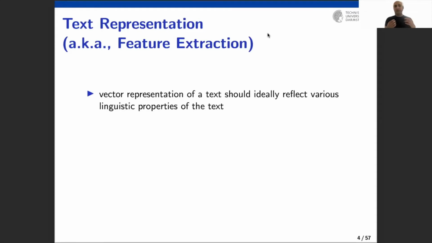But it's very important to know that we don't want to move just from text to some random numbers. We want the vector representation of the text to capture some linguistic properties of the text. So these numerical vectors should represent some semantics or linguistic properties that we can easily understand by looking at the raw text.